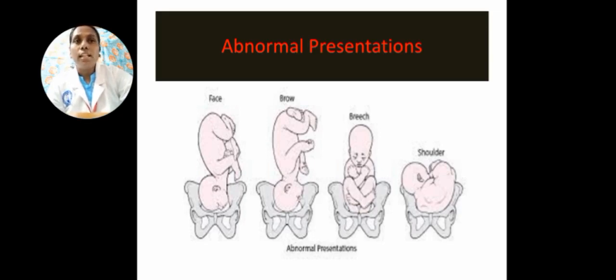Other abnormal presentations include breech presentation, where the podalic pole of the fetus occupies the lower pole of the uterus, and the shoulder presentation, which happens in case of transverse lie.